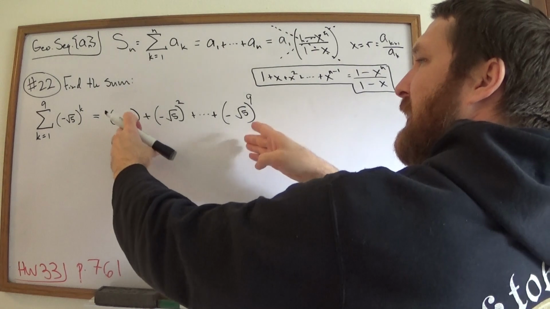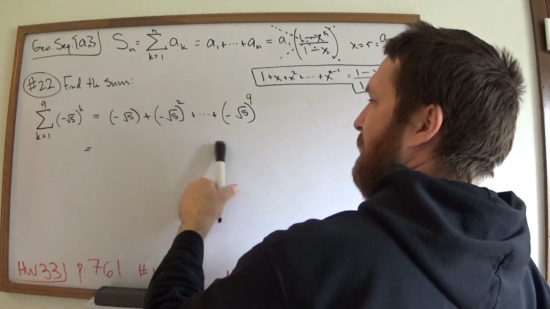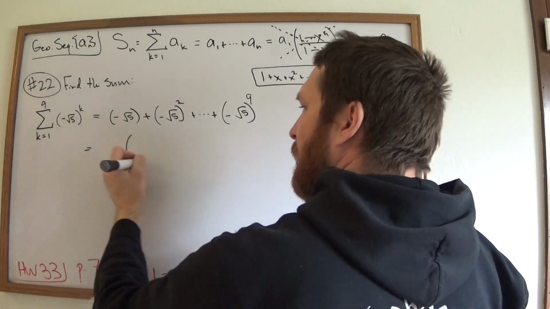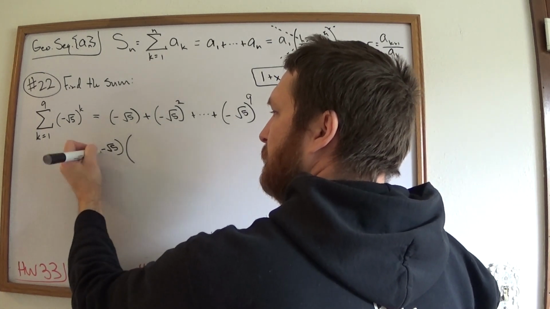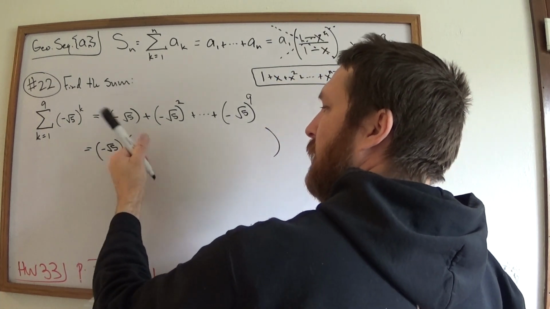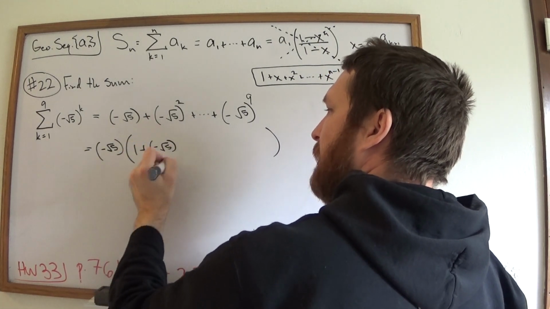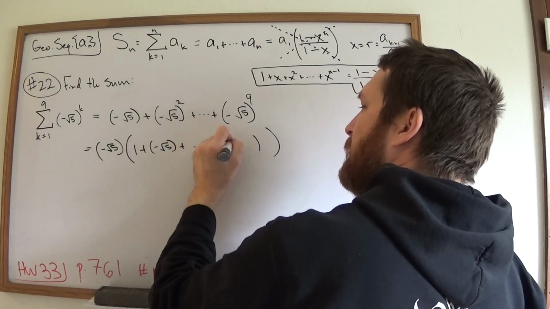So when I'm looking at this, I'm going to say, well, I don't have a 1 plus stuff. So that means I need to factor something out. I'm going to factor out that first one right here, negative root 5. What's left? Well, 1 plus negative root 5 plus, and then so on and so forth, all the way up to the last one, which is negative root 5.